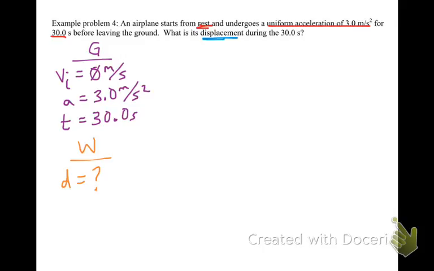Looking at all the variables, what equation are we going to use that incorporates all of those variables? Probably my most favorite one: d equals vi t plus 1/2 a t squared. Let's substitute everything in, with units.